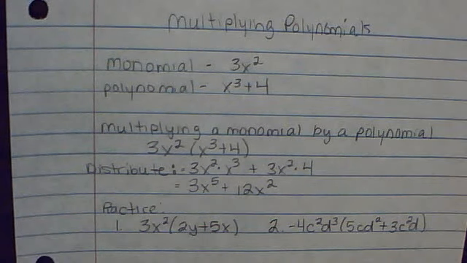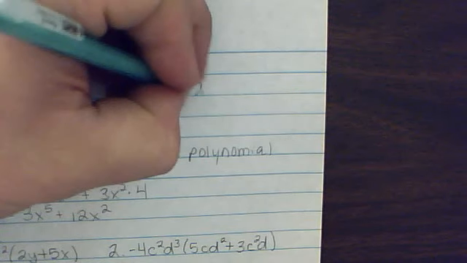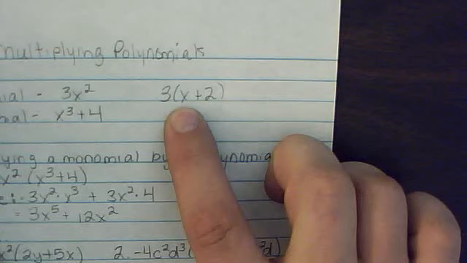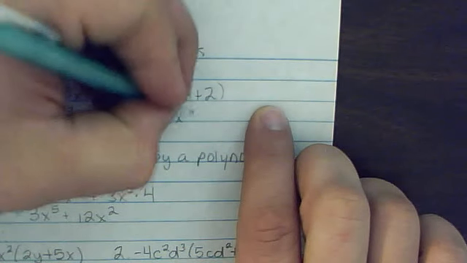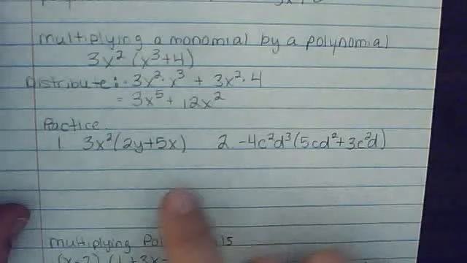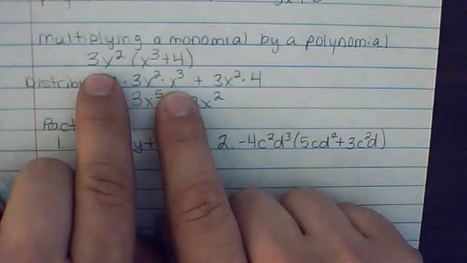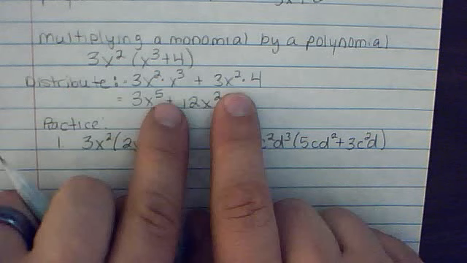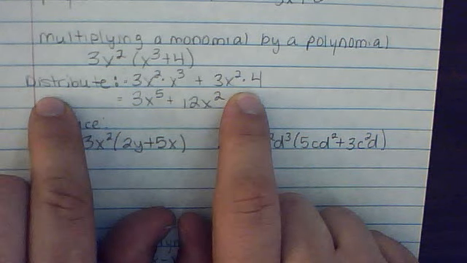If you had 3 times x plus 2, in order to distribute this, you would multiply 3 by x, and you'd multiply 3 by 2, and get 3x plus 6. It's the same concept when we're multiplying these together. So what I've done is shown you how you can multiply 3x squared by x cubed, and 3x squared by 4. That's what's done here on this first line, and that's just distribution.